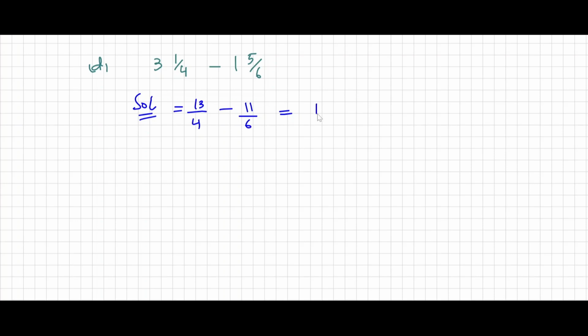So first of all, we have the LCM of 4 and 6. So for 4 and 6 you can do it like this. Divide by 2, you will get 2 and 3, and next by 2, we will get 1 and 3.